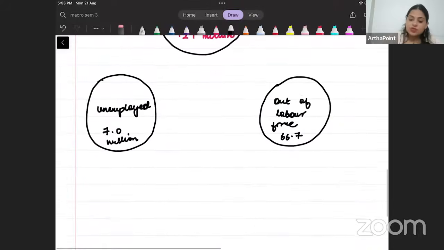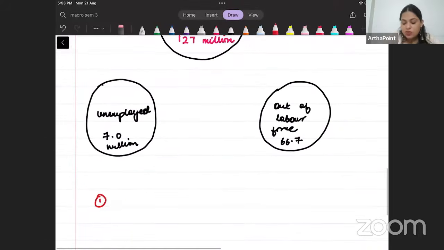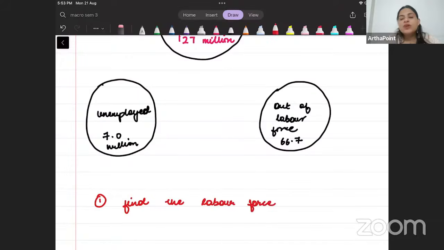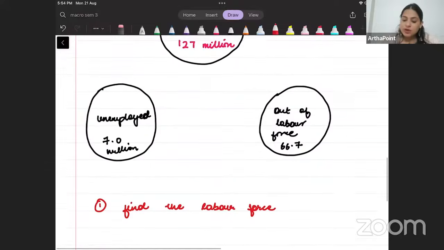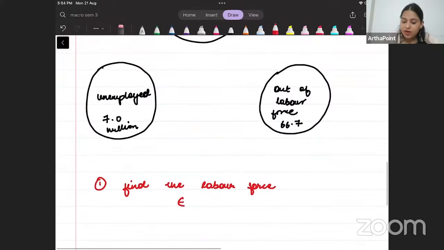अब पहली बात समझो. Suppose I ask you, find the labor force. So beta, what is the labor force? Those people who are either employed or unemployed. या तो वो employed है या unemployed है, but they are part of the labor force. They are willing to work. Then that is labor force. So beta, my labor force will be employed.